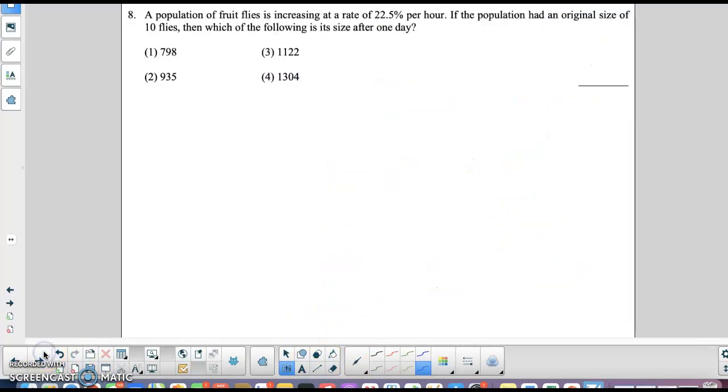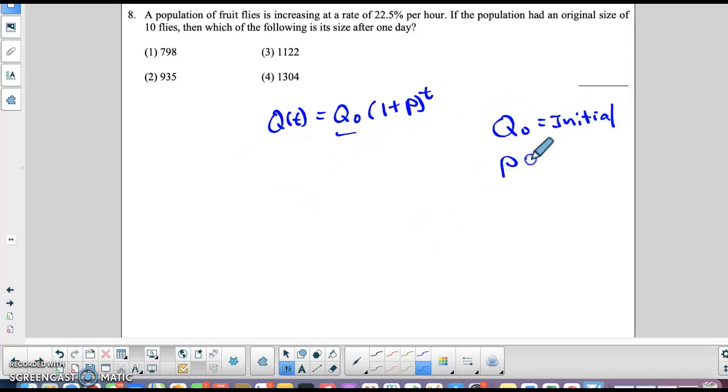All right, next one. Okay, here you guys need to remember this formula. Q of t equal to Q of 0 times 1 plus p, you raise it to the t power. Okay. Q of 0, that is the initial amount. P is the percent or the rate.